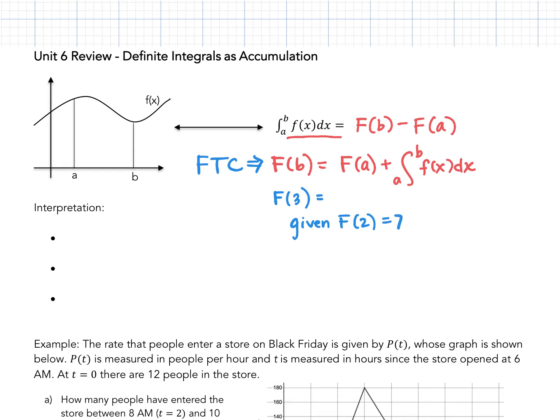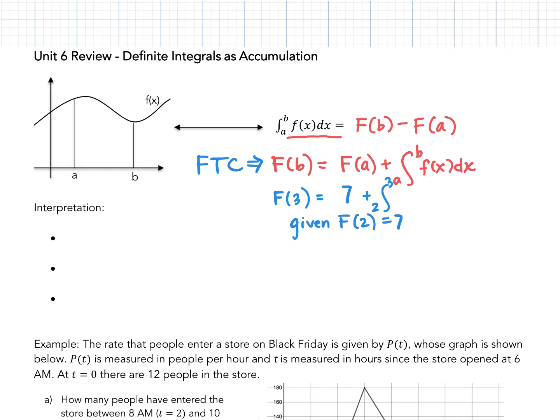Well, then you're going to put 7 there, and then your integral will start with 2 and end at 3. So you're starting with an accumulated initial condition of 7, and then your integral is starting at 2 and ending at the b value that you're given. So that's the fundamental theorem.